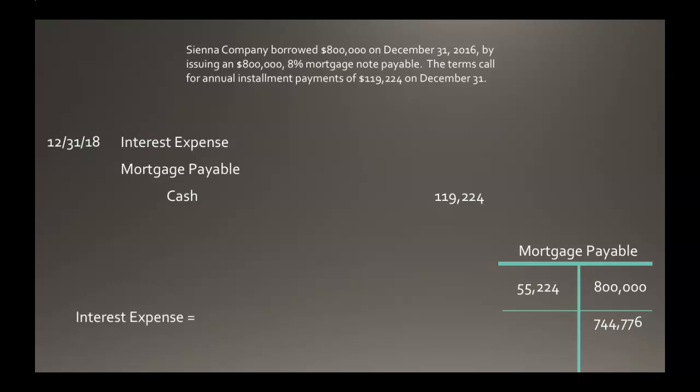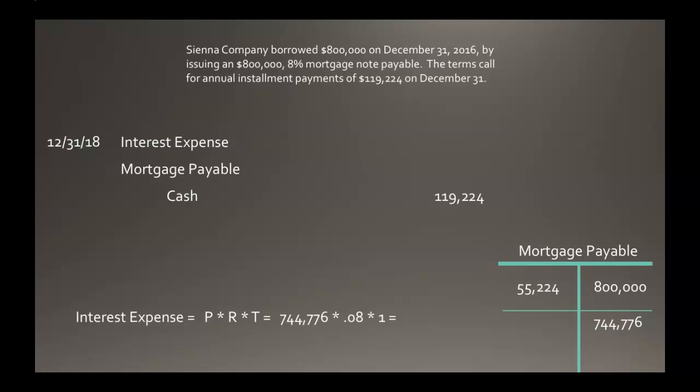But now, when we calculate interest expense, our principal here is going to change. In the last installment payment, our principal was $800,000. This time around, it's $744,000 because we want the up-to-date principal amount.